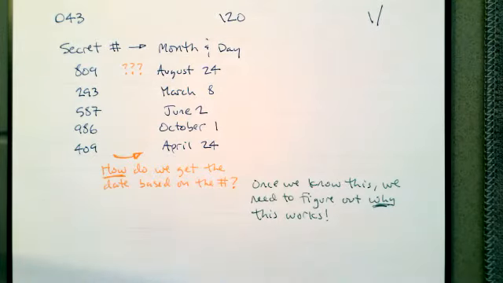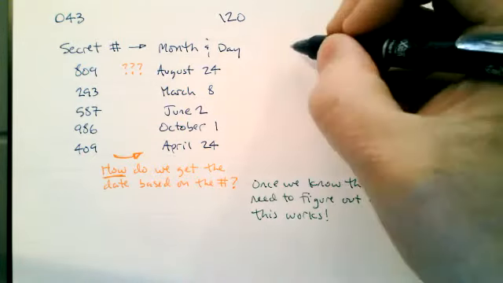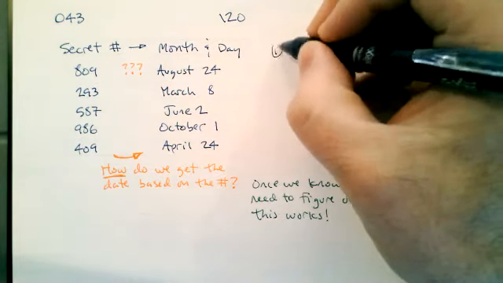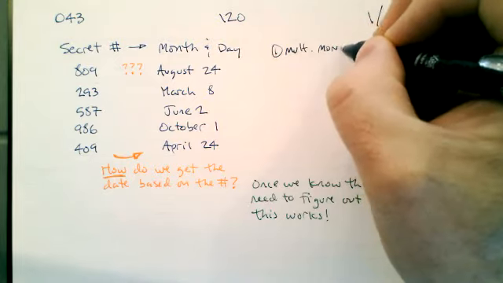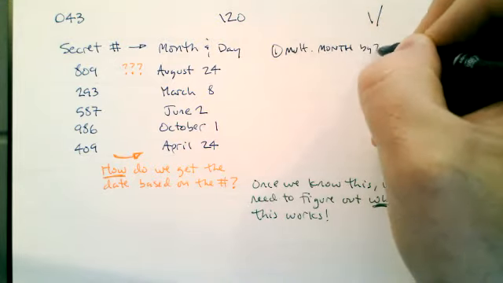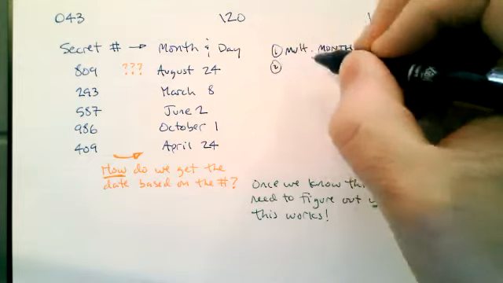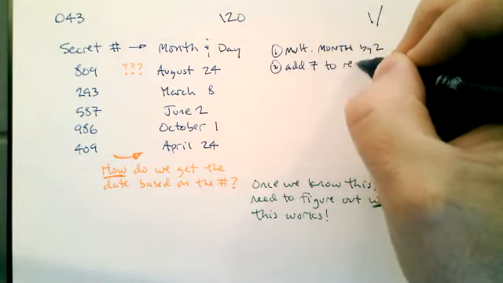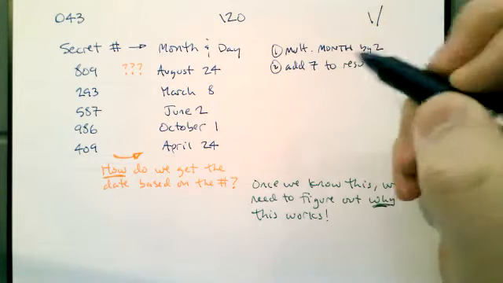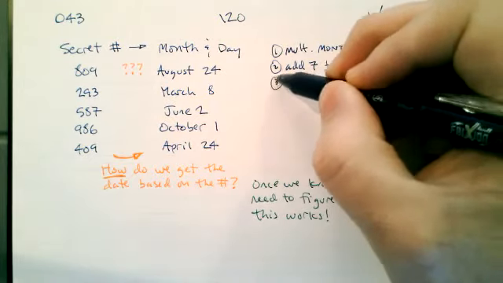To summarize, the steps that I asked you to do, once you pick a month and a day: first, multiply the month by 2. Then next, add 7 to the result. After you add 7 to the result, multiply that result by 50.